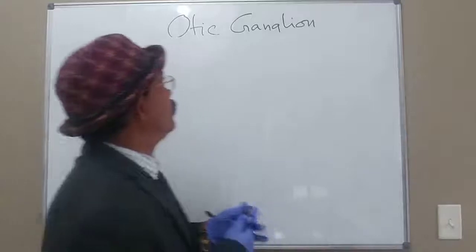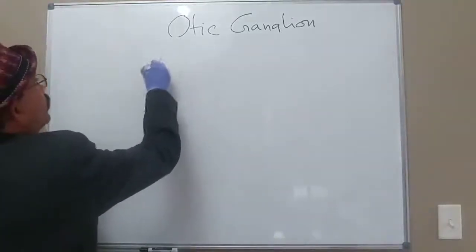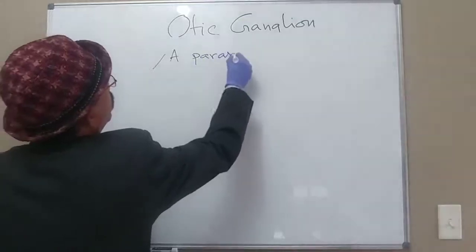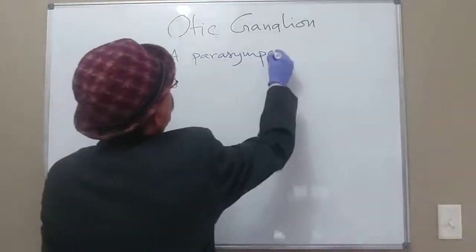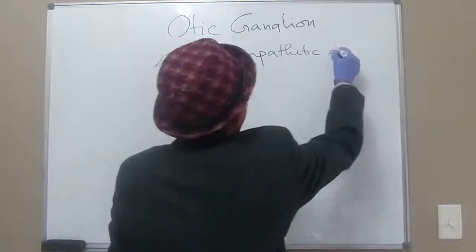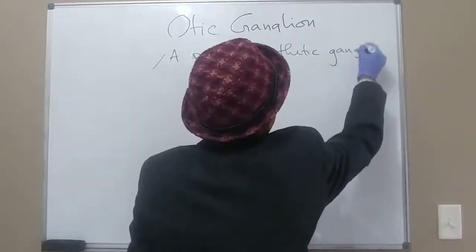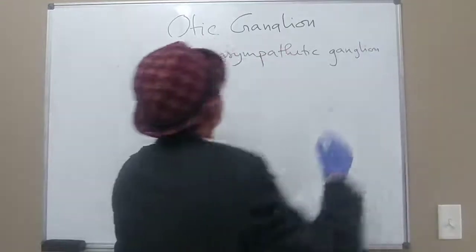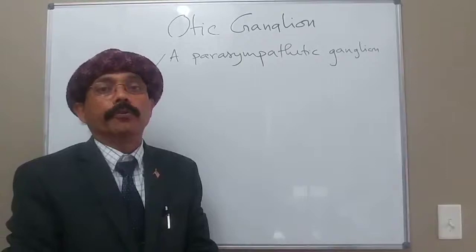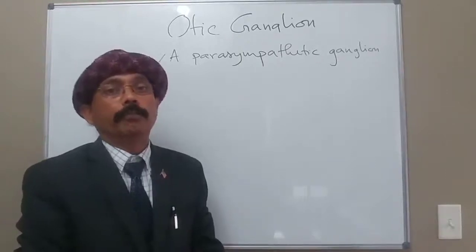Today I will discuss the anatomy of the otic ganglion. The otic ganglion is a parasympathetic ganglion. The otic ganglion provides secretomotor innervation to the parotid gland.